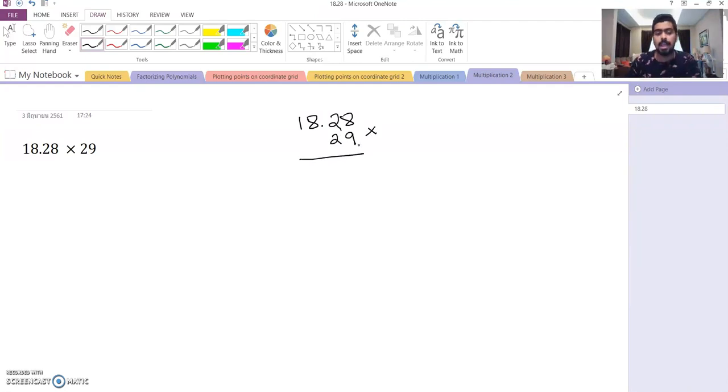Again, we do exactly the same as how we would multiply when we don't have decimals. Step number one, 9 multiplied by 8 is 72. 2 down, 7 carry over. 9 multiplied by 2 is 18. 18 plus 7 is 25. 5 down, 2 carry over. 9 times 8 is 72. 72 plus 2 would give us 74.